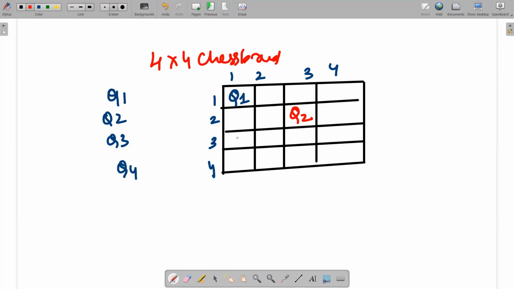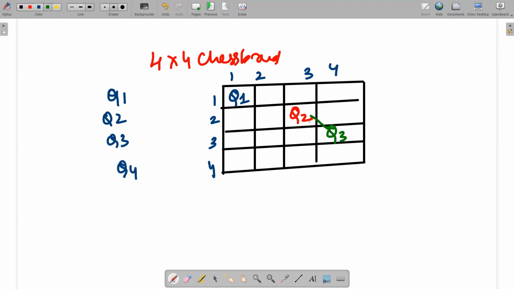Let's go with Q3. If I put Q3 over here, this is a vertical attack, not feasible. If I put Q3 here, diagonal attack; here, vertical attack; and over here, again a diagonal attack.